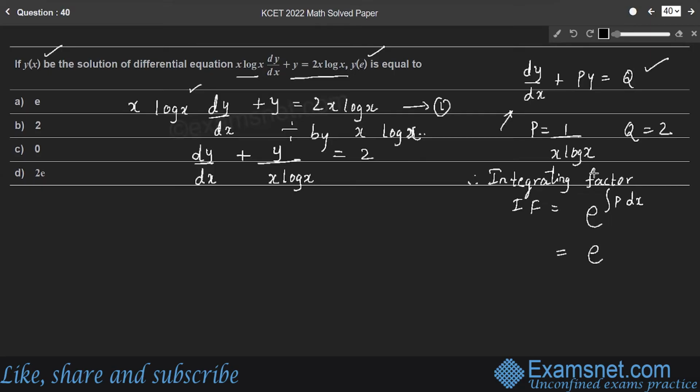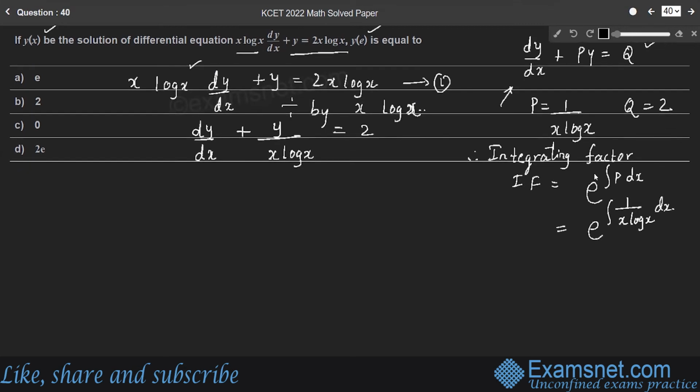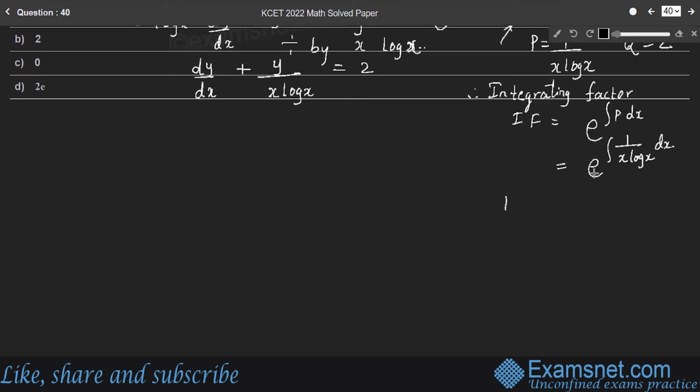So e raised to integral, value of p is 1 by x log x dx, right? To solve this, let us assume log x as t, then we'll differentiate this.